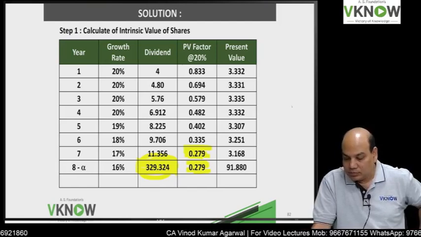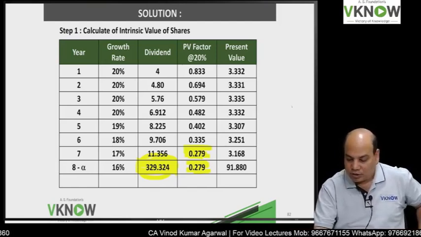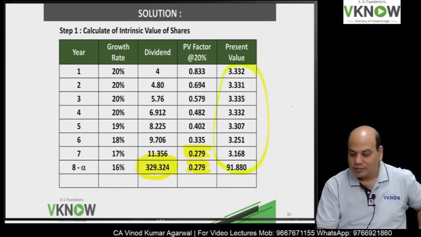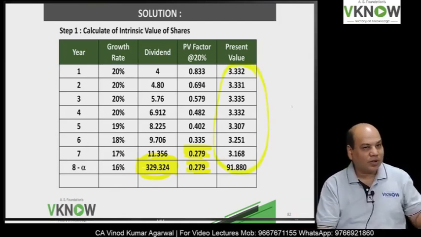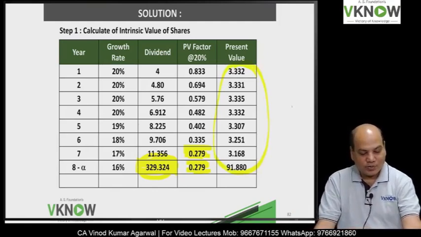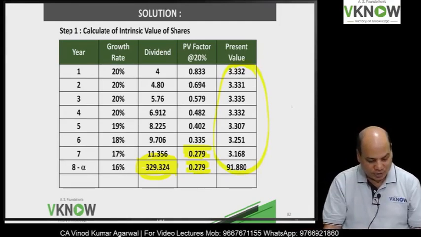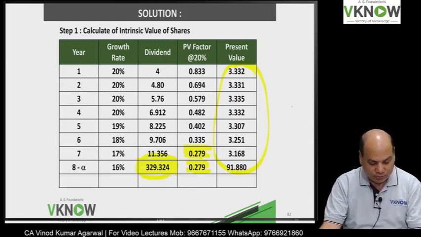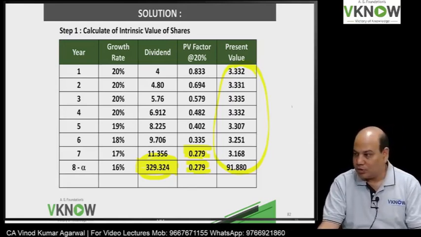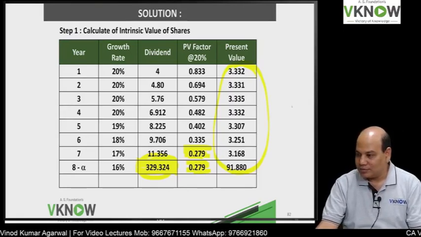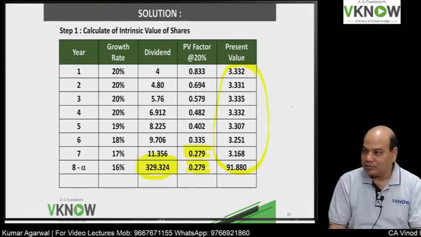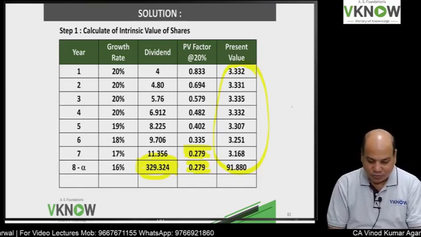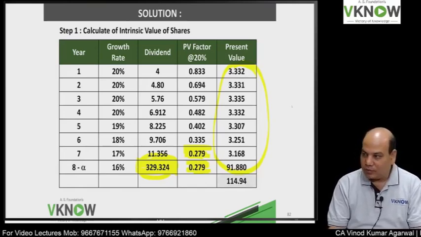Multiply now. 91.880. Now I want to check who will give me the total first and correct. Competition starts now. There are some students in the classroom attending physical batch and a number of students attending from home. So I want to see who will answer first, the physical class student or the online student. 114.94.